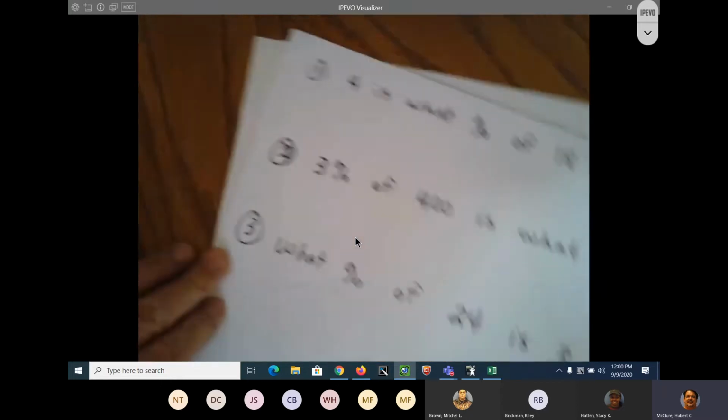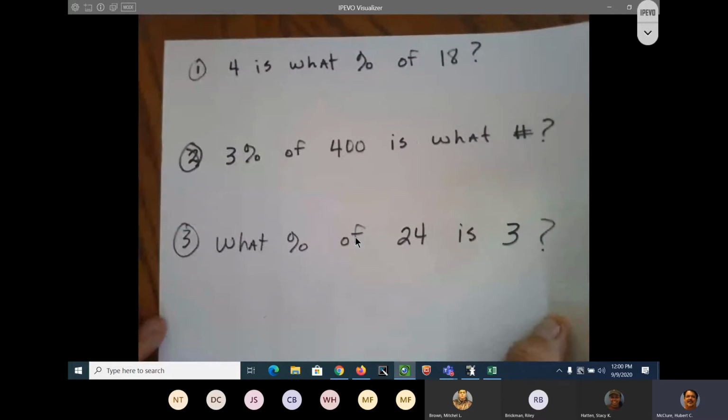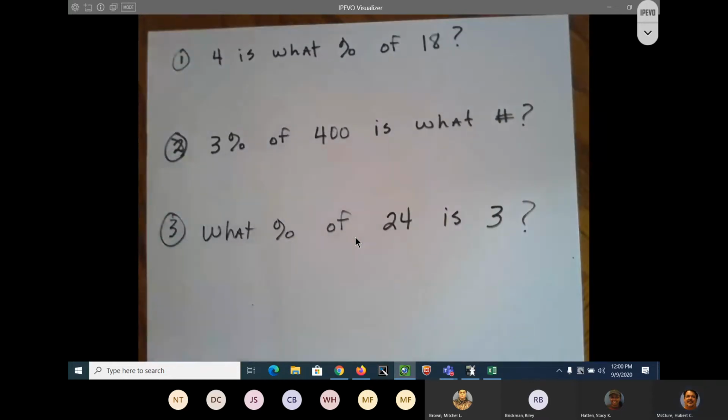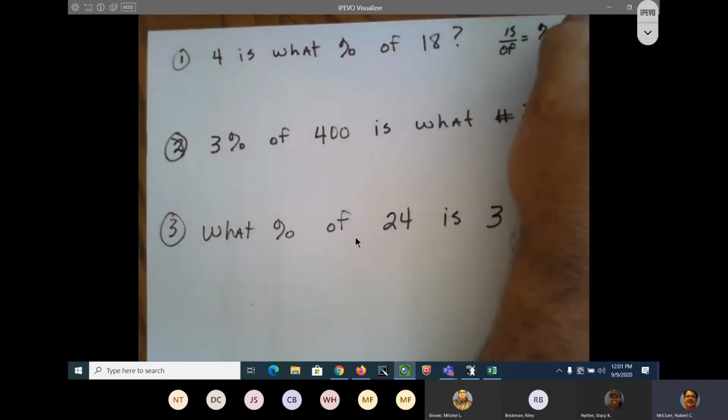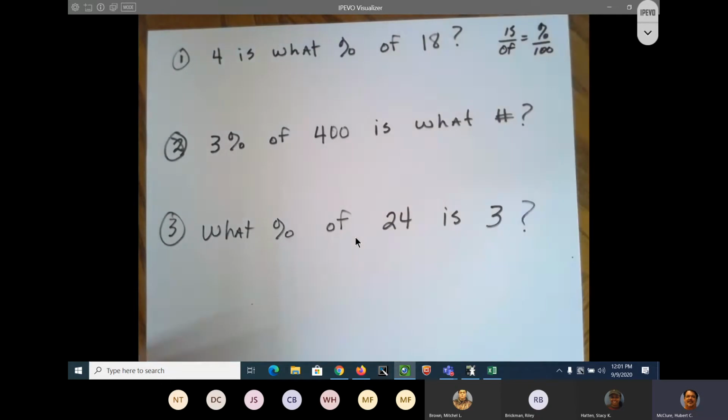These are called sentence problems: is of percent over 100. So I'm going to take 3 highlighters and we're going to mark is, of, percent, over 100. I'm going to put is over of equals percent over 100. Since percent has a symbol with it, I'm going to make it pink.